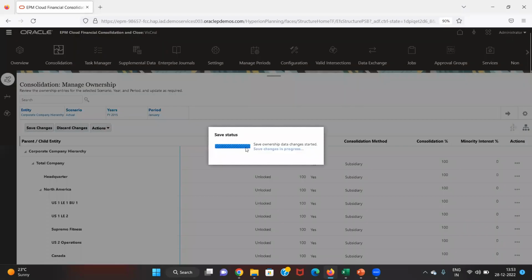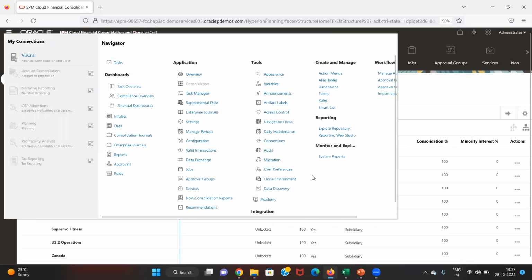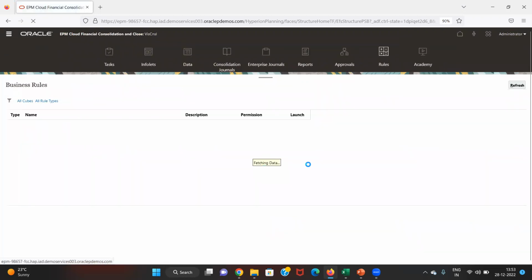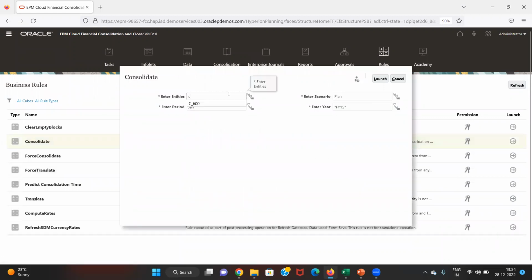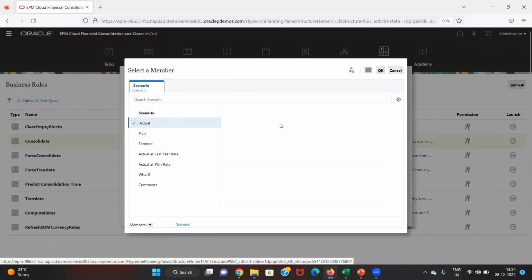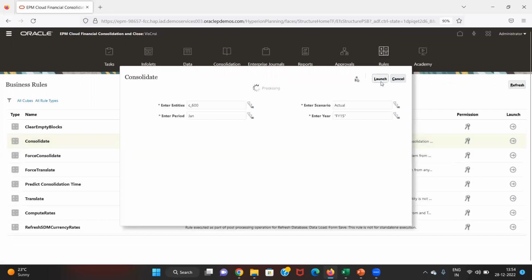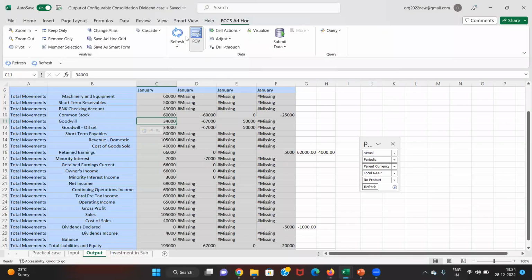I'll save my changes. Ownership data saved. Again, I'll try to run console and see the output. Multiple users are running consolidation right now, so that's why this error. All the POVs are fine. I'll just run it again. Go back to my output sheet, try to refresh.